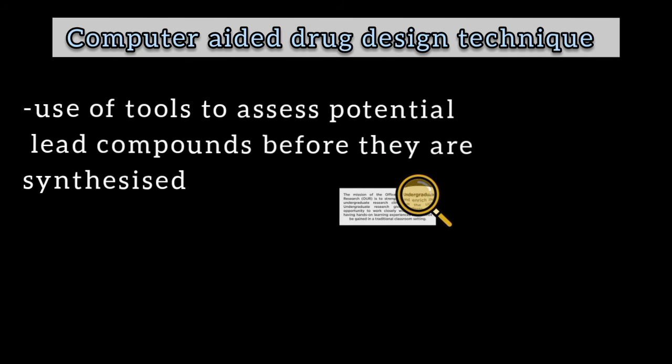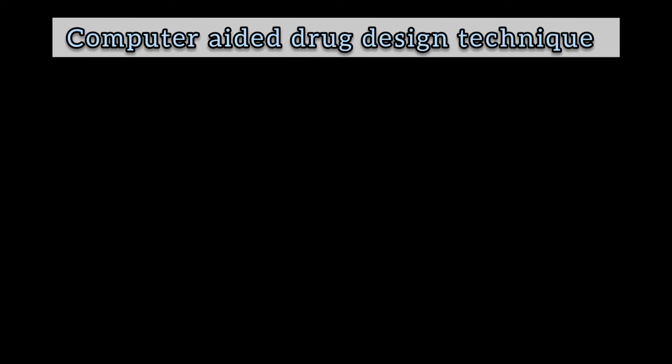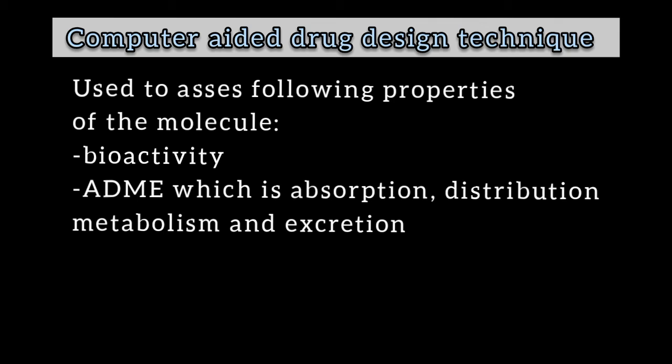Computer-aided design also involves the use of tools to assess potential lead candidates before they are synthesized and before they are tested. The tools are used to assess the bioactivity of the molecule, the ADME of the molecule, and the physicochemical structure and properties of the molecule.